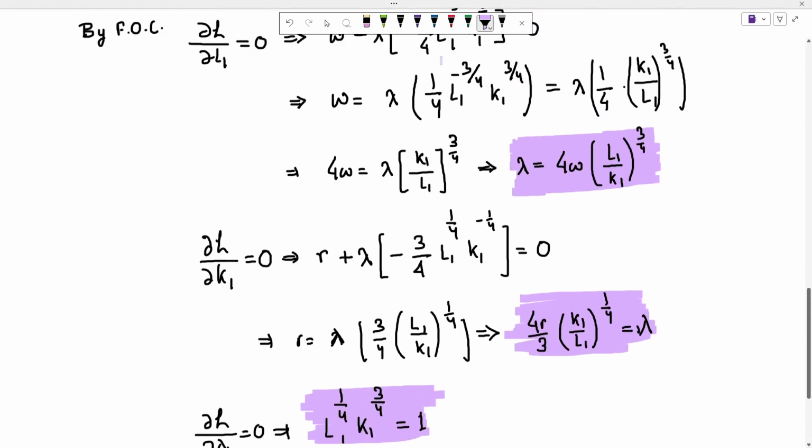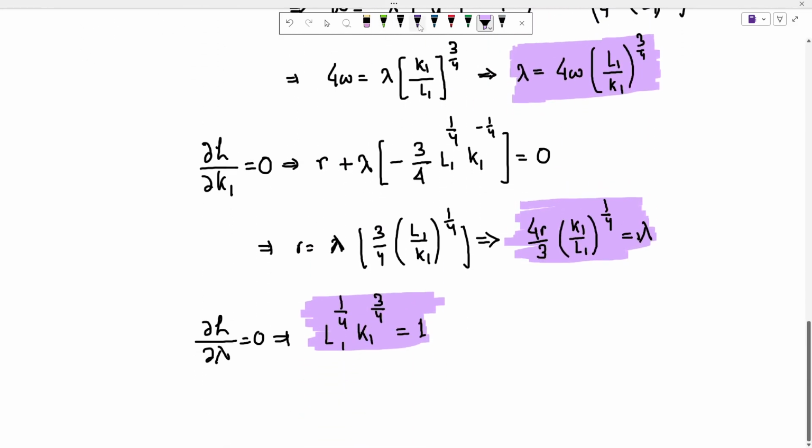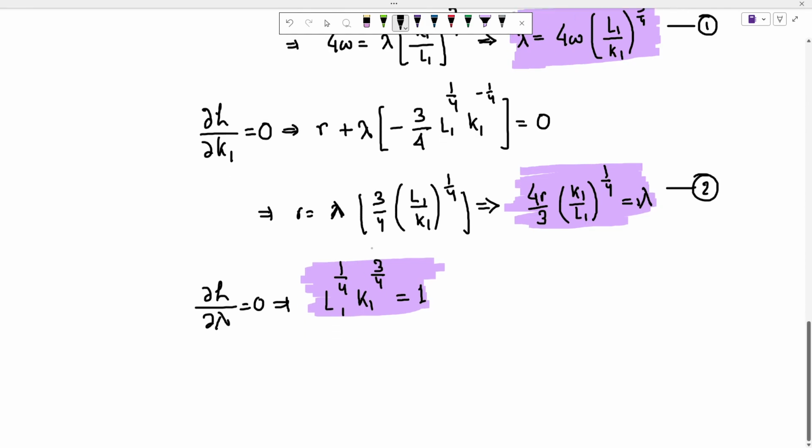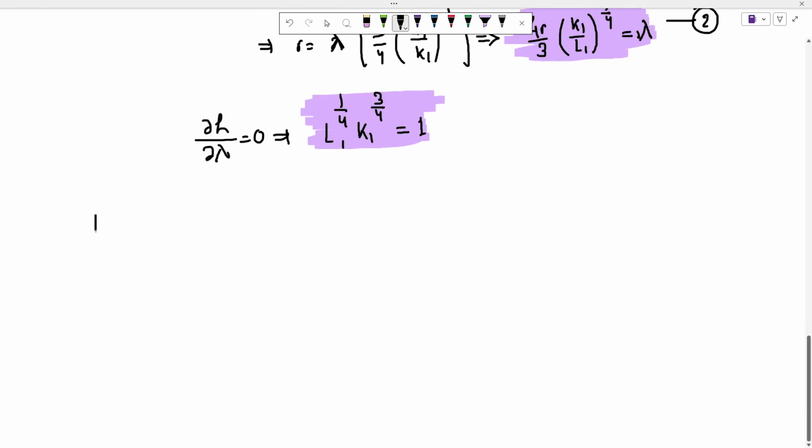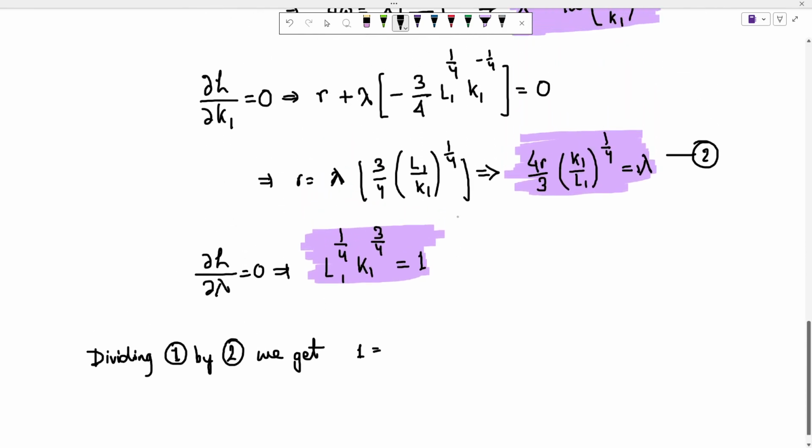Okay, so from these two equations, what do we get? We can just divide them. Let's say this is 1, this is 2. So 1 by 2, right?